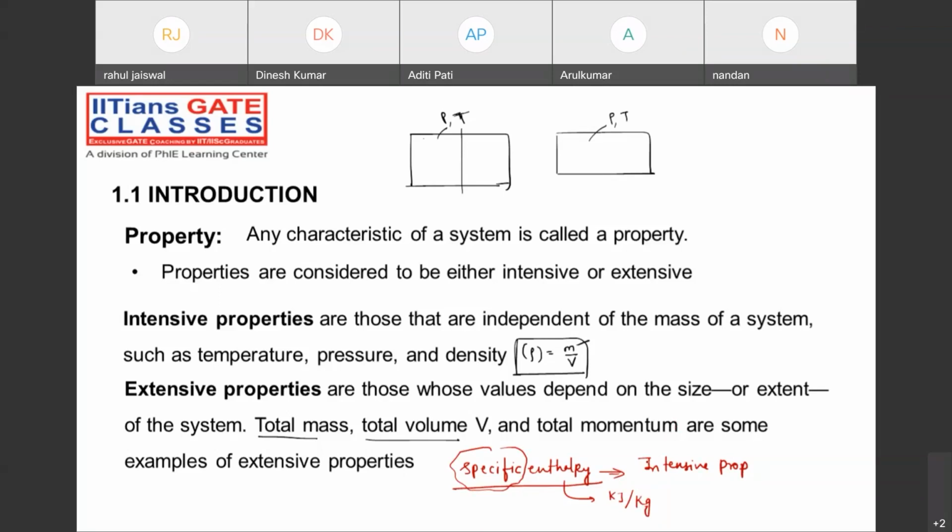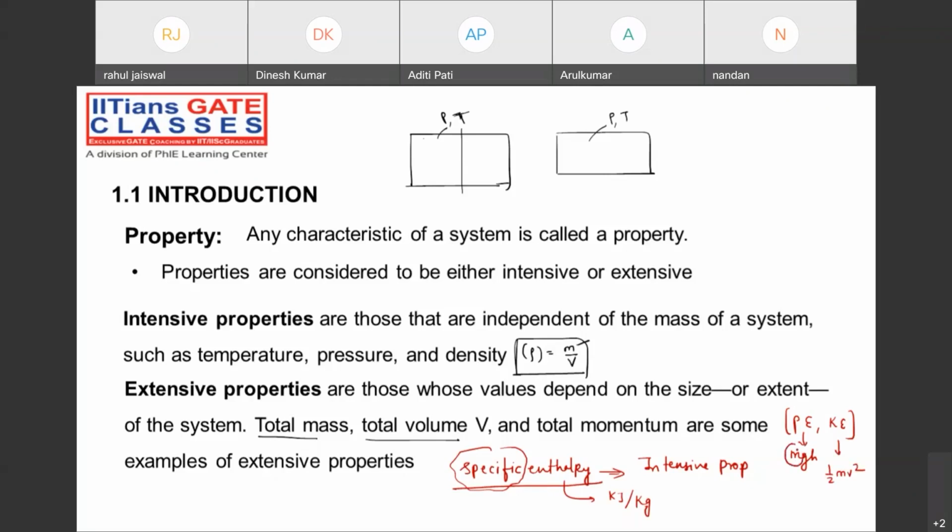Now, if I ask you about kinetic energy and potential energy, whether they are extensive properties or intensive properties. We say potential energy is mgh, and we say kinetic energy is half of mv square.